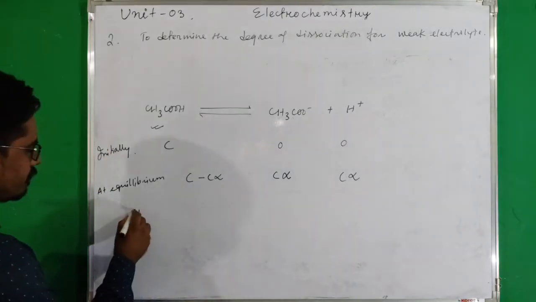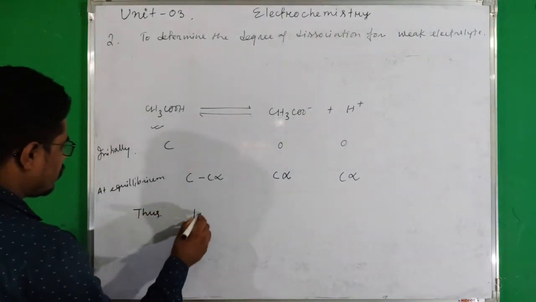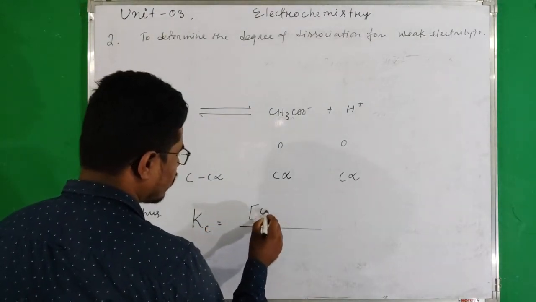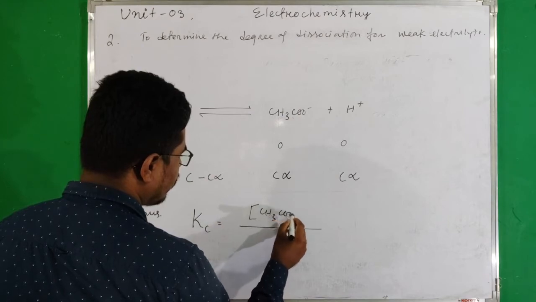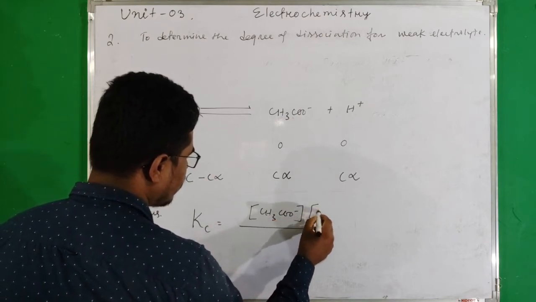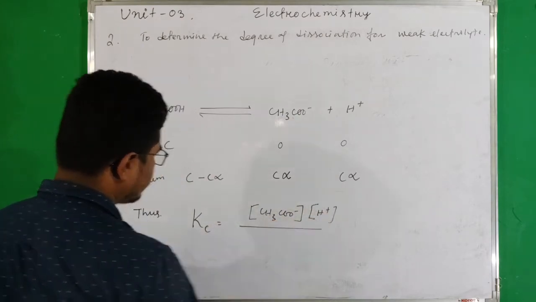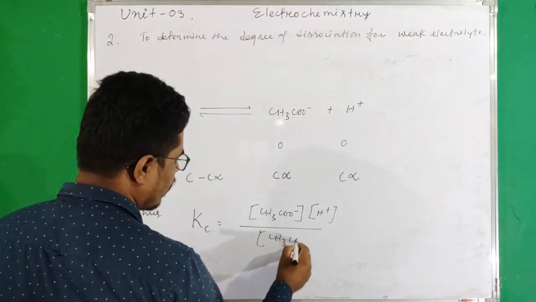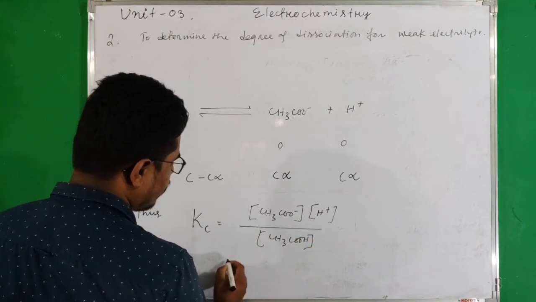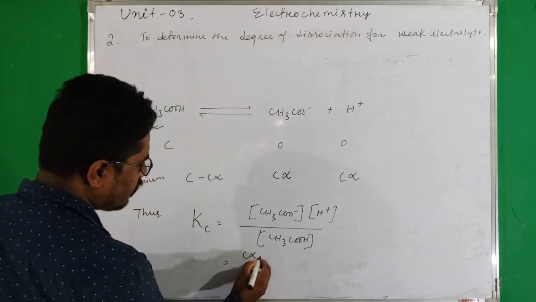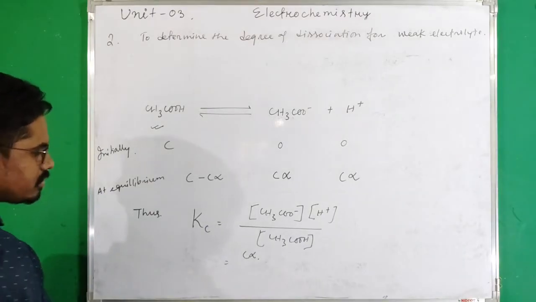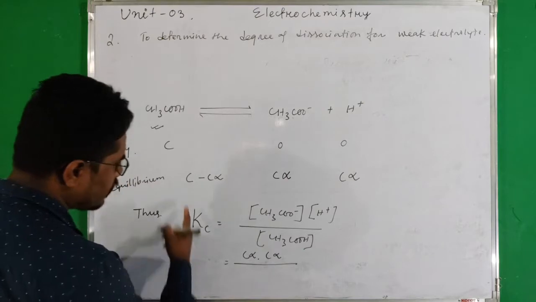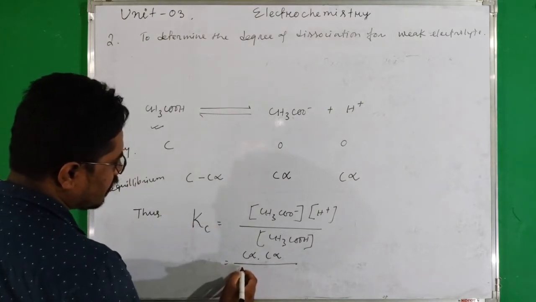Okay, thus the dissociation constant Kc equal to, we know, the ratio between the product of concentration of product and the reactant at equilibrium. Okay, so for acetate ion the concentration is C alpha, for H positive ion the concentration is again C alpha, and in this case the concentration is C minus C alpha.